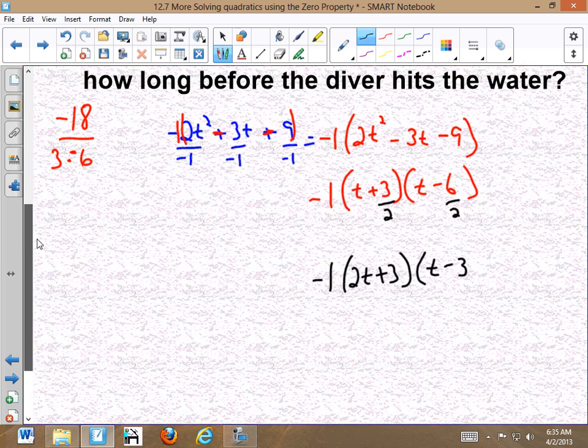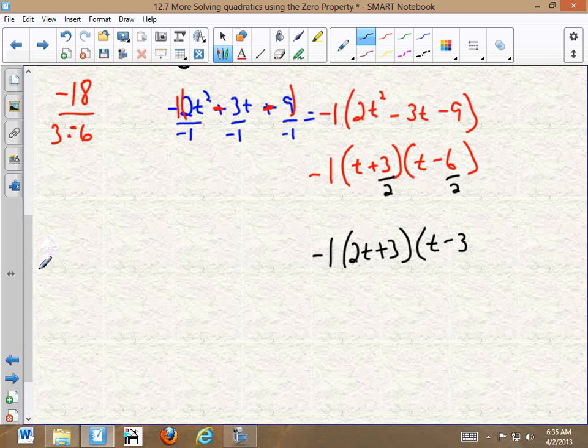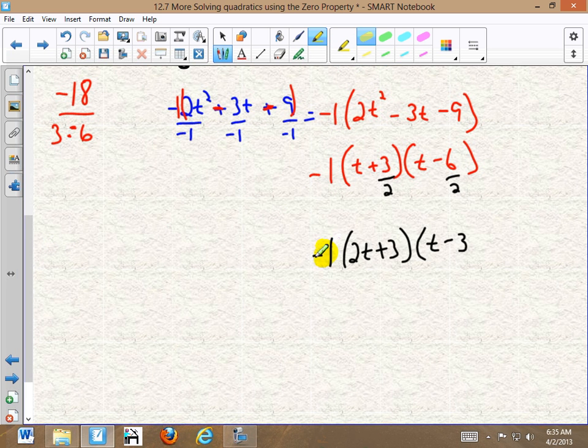Am I done? No, I have to solve each function for t. Now, does this negative 1 right here, does that have a t with it? Nope. So I don't have to solve it. This parentheses right here has a t, so I set 2t plus 3 equal to 0.